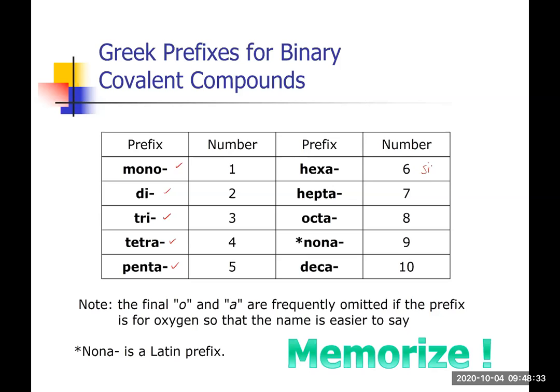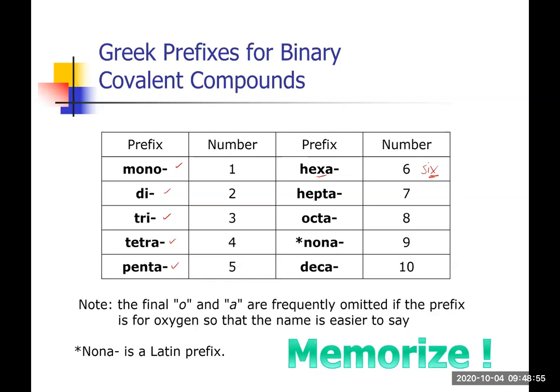One good way to remember it is that 6 has an X in it, and hexa has an X in it. That means the other prefix that starts with an H, hepta, is for 7. Octa is 8, nona is 9, and deca is 10. And we will go up through deca, so you'll need to know through 10.